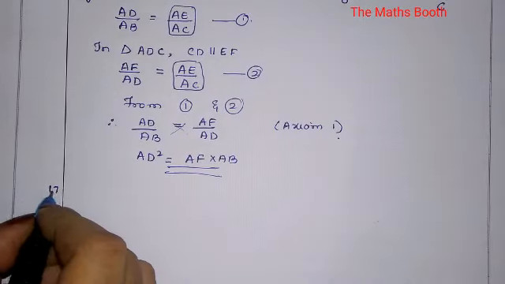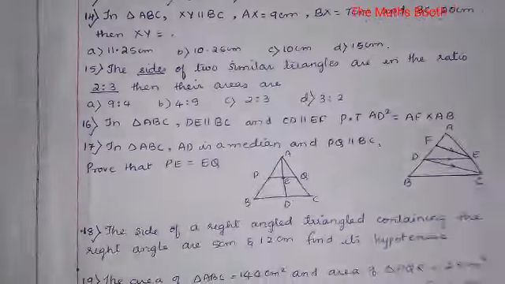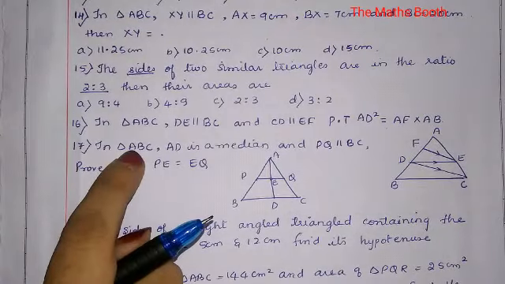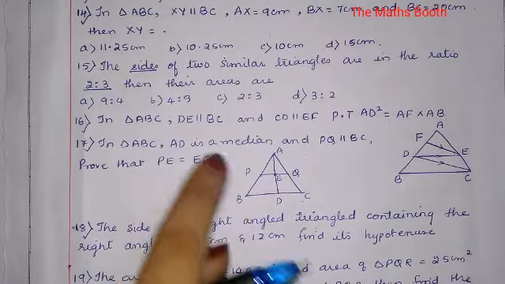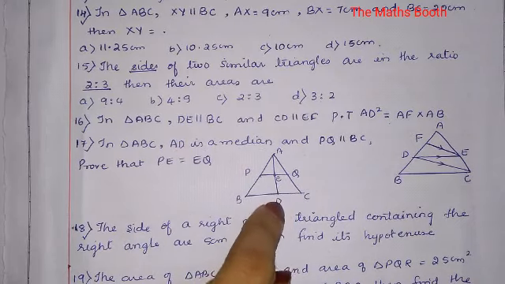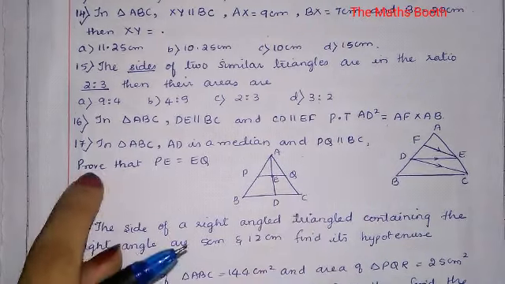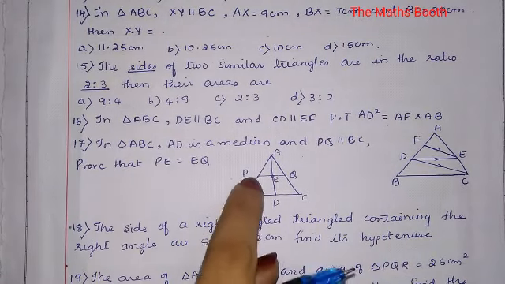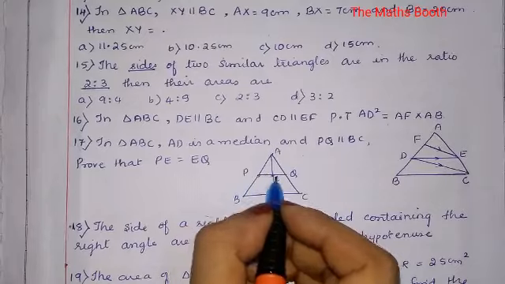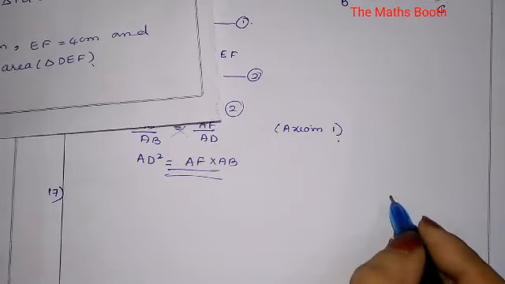Let me see the 17th one. In triangle ABC, AD is a median and PQ parallel to BC. Prove that PE is equal to EQ. This we have to prove. Okay. Let me draw the figure first.